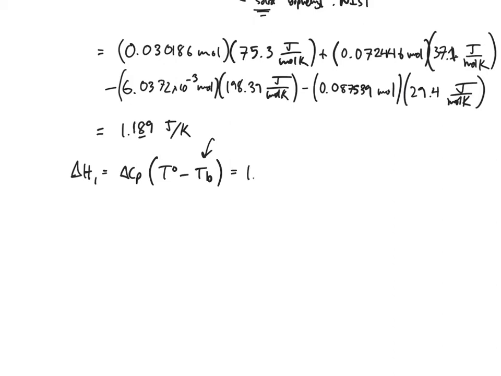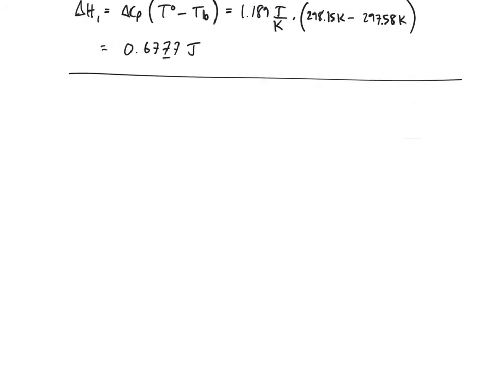When I plug all this in, 1.189 joules per Kelvin multiplied times 298.15 Kelvin minus 297.58 Kelvin. And when I work that all out, I get a very small number, 0.6777 joules. And that's it for this correction.